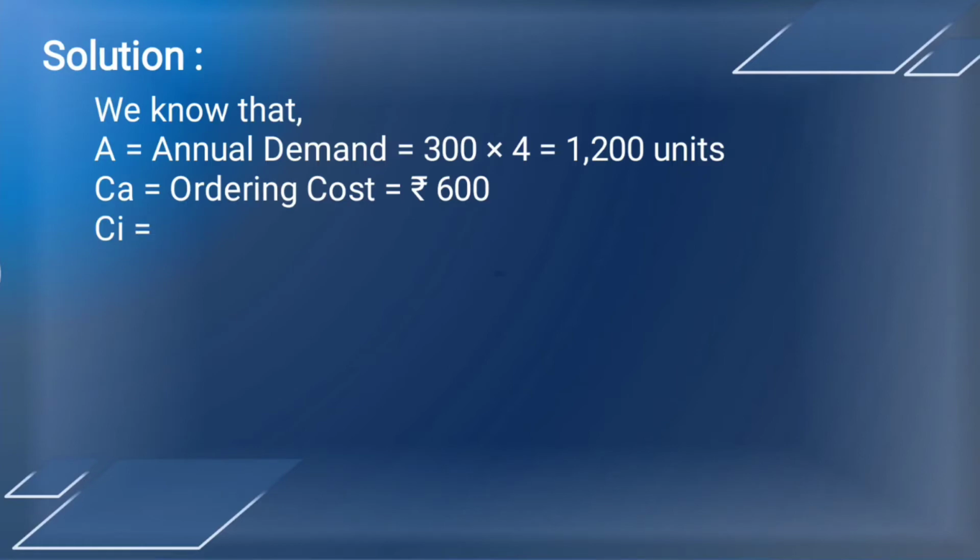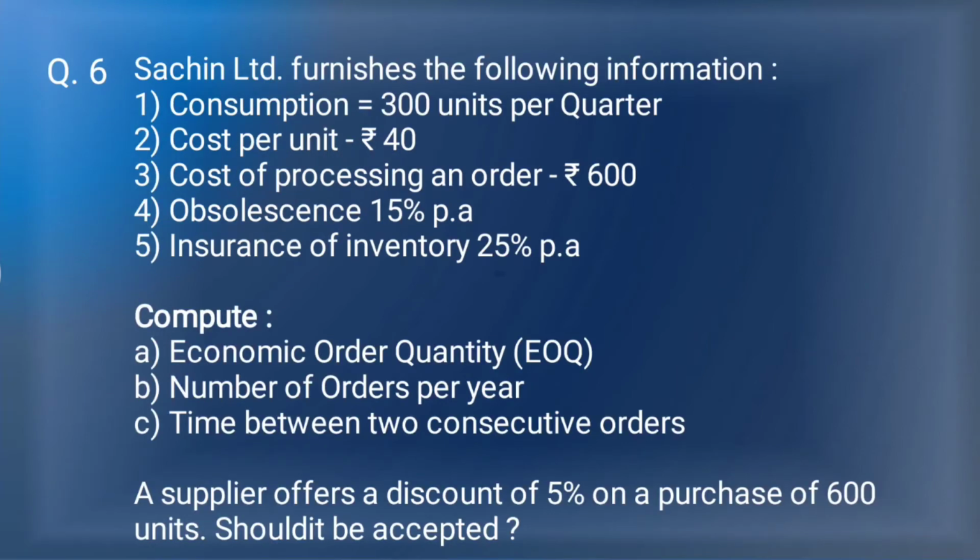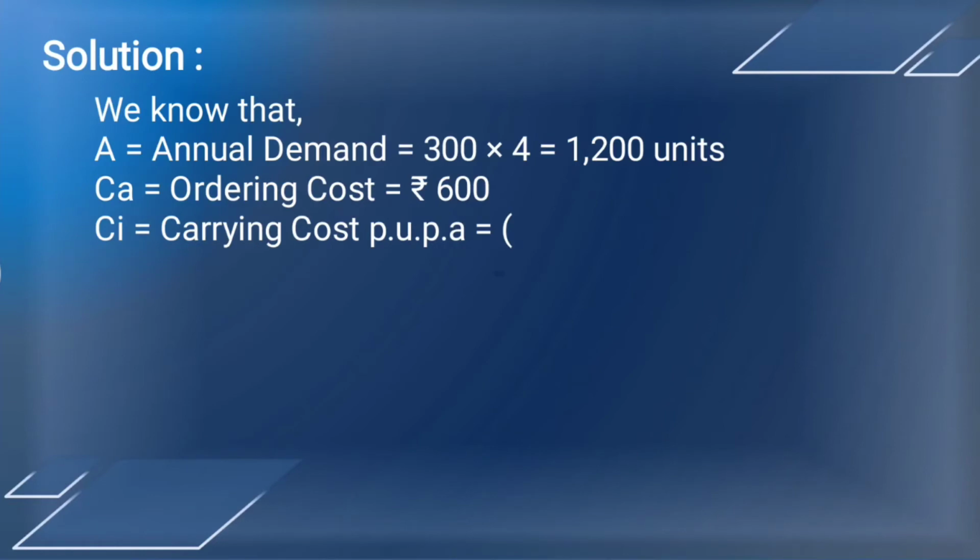Next, CI, which is equal to carrying cost per unit per annum. Cost per unit is given as rupees 40. Obsolescence and insurance of inventory is given as 15% and 25% per annum. So we'll record 15% plus 25% of rupees 40, which will be equal to rupees 16.